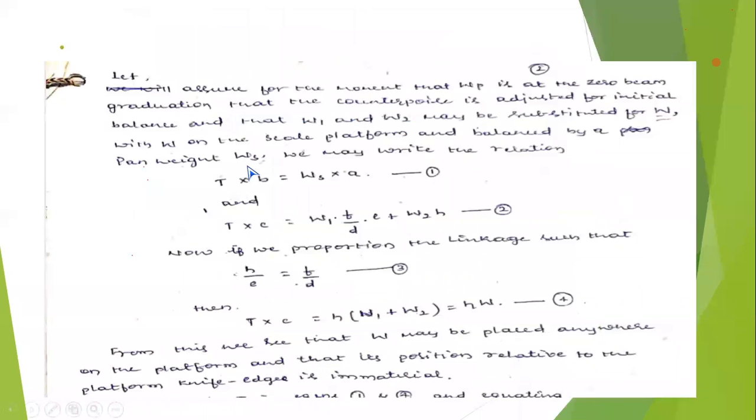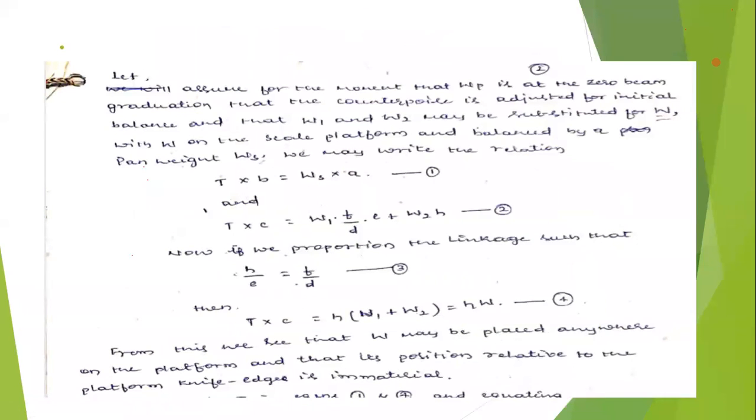Next, there will be a derivation, that is force into perpendicular distance. The tension is T and the distance is B, and the force Ws and the distance is A. In the same way, you have force into perpendicular distance.